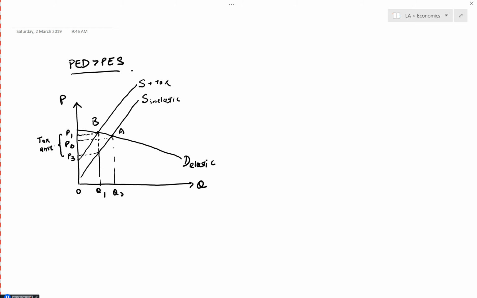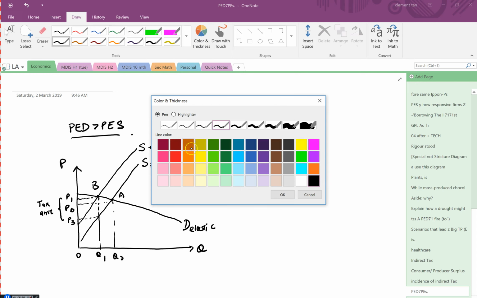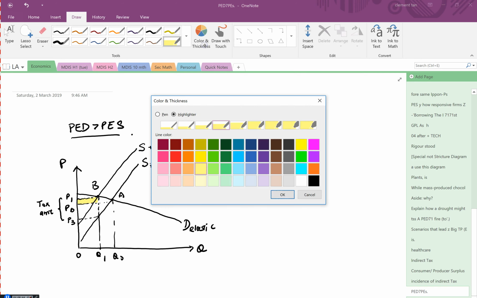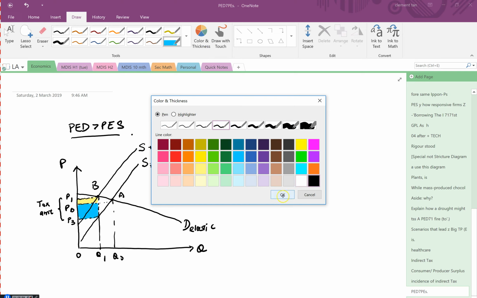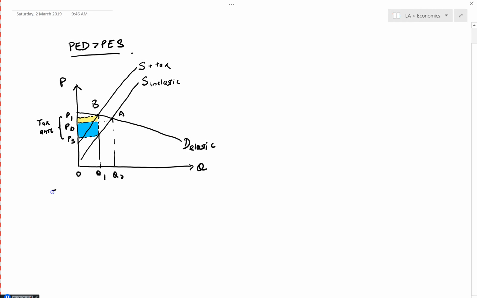Can you see now? Okay. Loss of consumer supply is wrong.